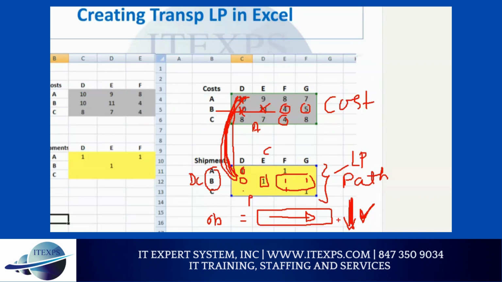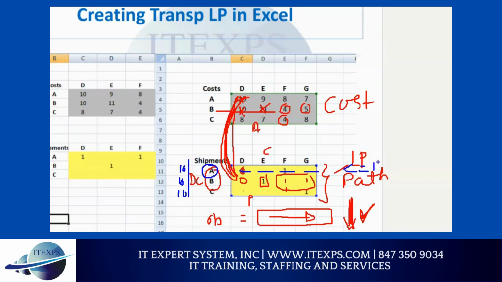So that's my objective function. Then you will ask, but where is your constraint? The constraint is, this is the distribution center and you notice the distribution centers are generating 10 items only. So if I'm A, no matter where I'm delivering, I cannot deliver more than 10.